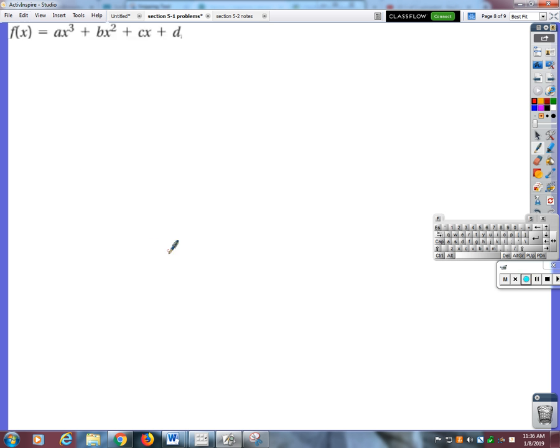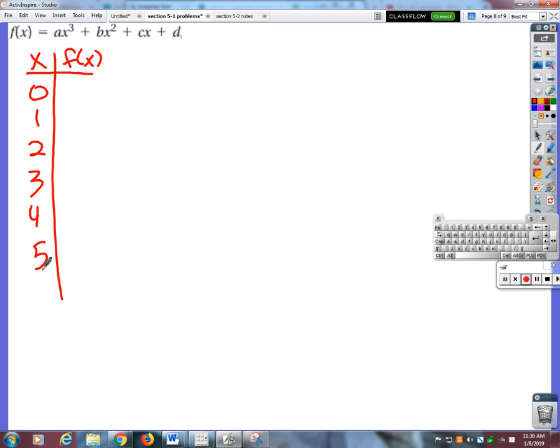is crazy, okay? But what we're going to do now is do this with just the general formula for a cubic equation. So we're going to start out by doing the same thing. I'm going to take 0, 1, 2, 3, 4, 5 and plug those in for the x's.